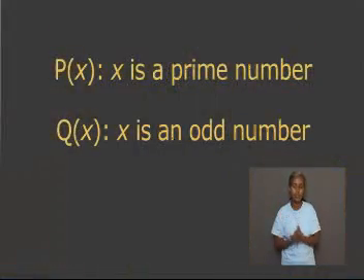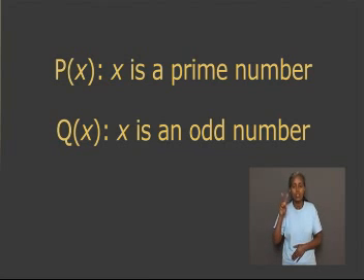We have time for one last activity, students. These are two open statements. The first states that P of x is a prime number. The second states that Q of x is an odd number.